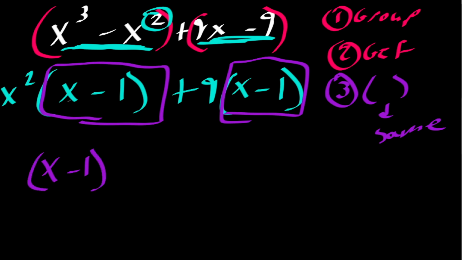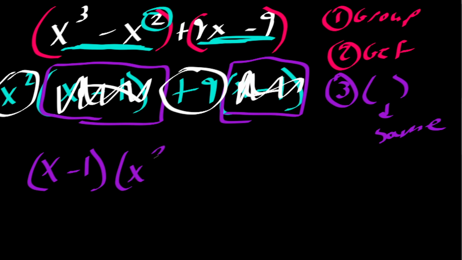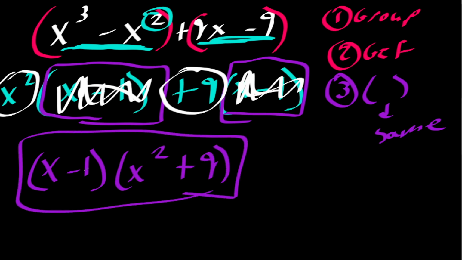Now, if we get rid of that, because we just took that part out, everything that's left over gives us our second factor: x squared plus 9. So we would have this factored, and it would be x minus 1 times x squared plus 9.